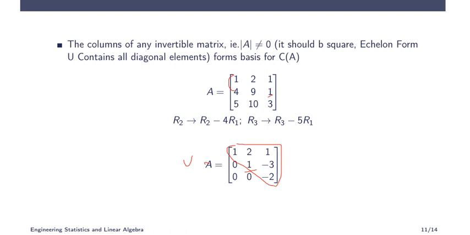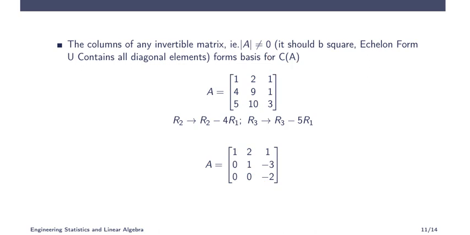So all three span C of A and they are linearly independent. So the bases are B1, which is [1 4 5], B2, which is [2 9 10], and B3, which is [1 1 3]. So these three are the bases. Is that clear? So this makes a basis for the vector space C of A or R3, as we discussed earlier.